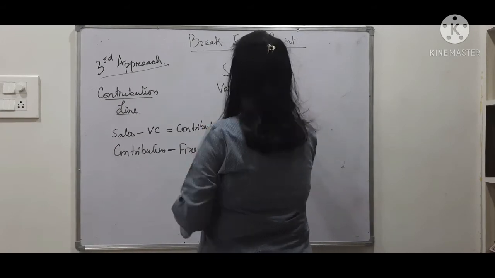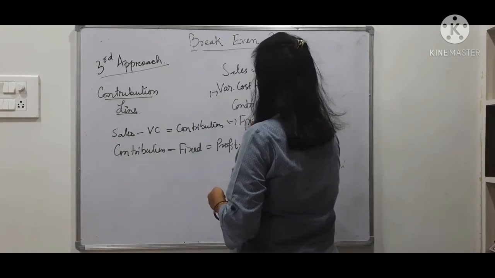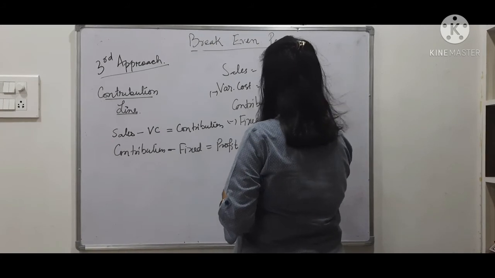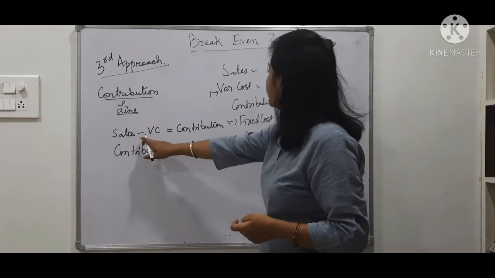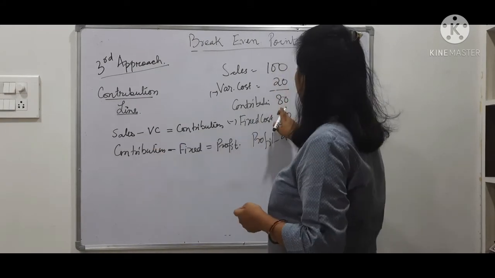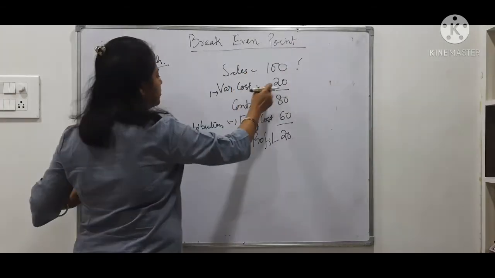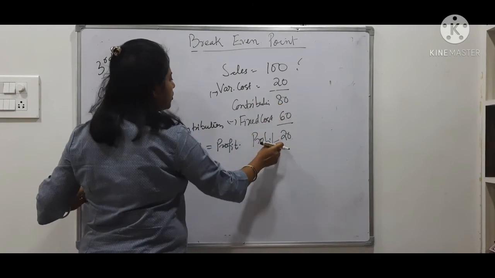From there, if I minus my fixed cost, suppose my fixed cost is 60, so I have a profit of 20. Don't you think what I have written is correct? Sales minus variable cost is contribution, and contribution minus fixed cost is equal to profit.